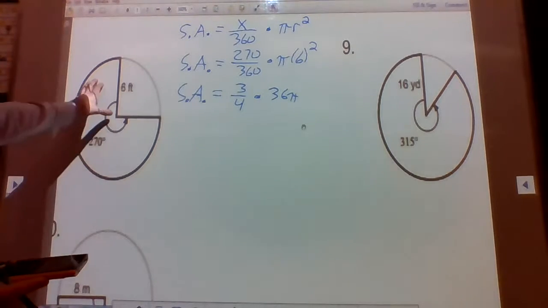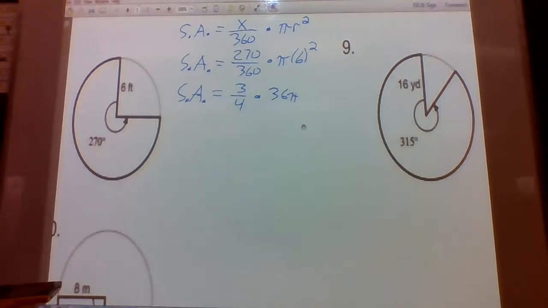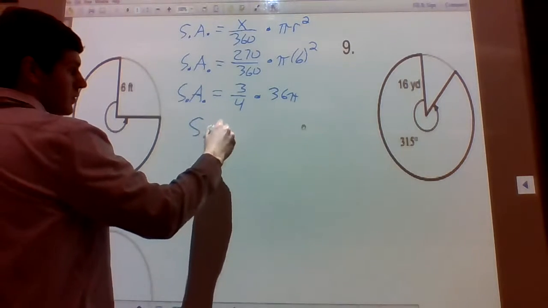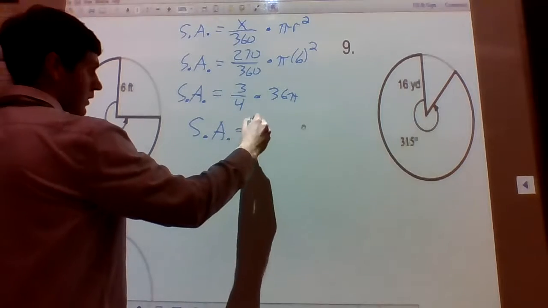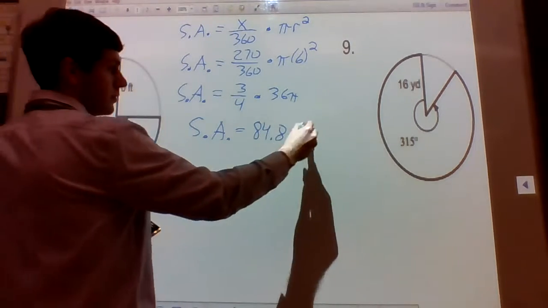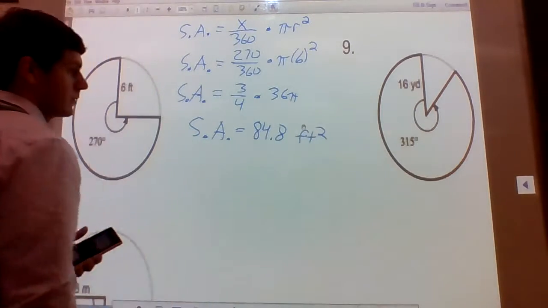But we don't want the area of the whole circle. We only want 3/4 of it. So 113.097 times 3 divided by 4 is going to give us 84.8. So our sector area is going to be equal to 84.8 feet squared.